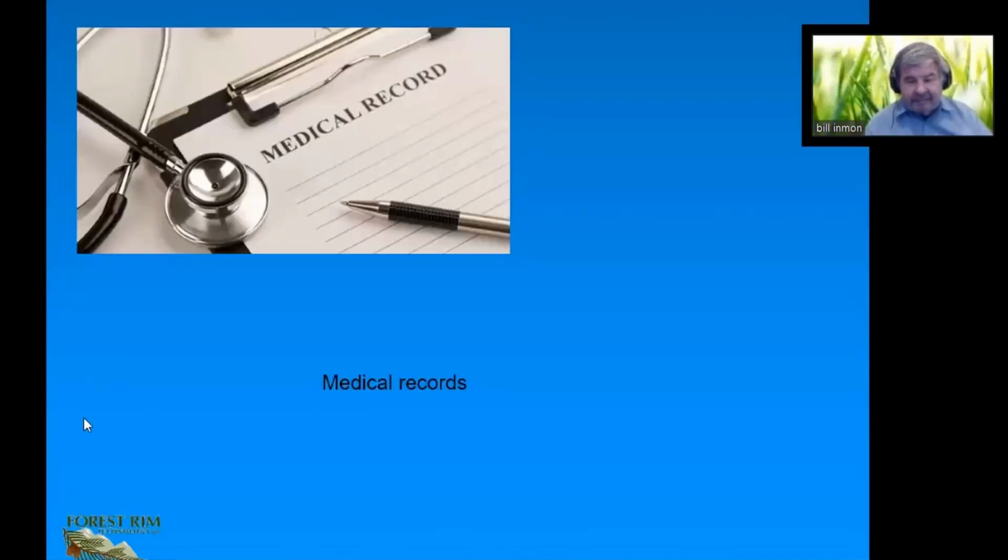Another interesting place where there's a lot of information out there is medical records. I don't know if you've ever looked at a medical record, but a major portion of the medical record is in the form of text. And you say, well, okay, Bill, what's the big deal?